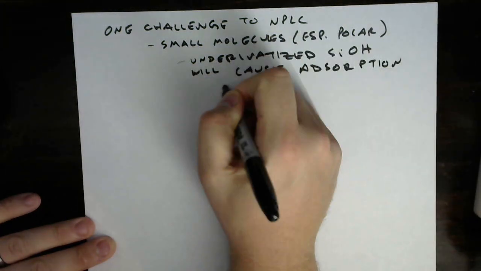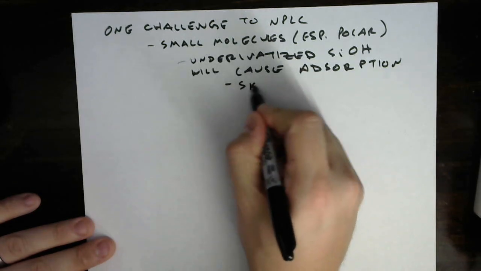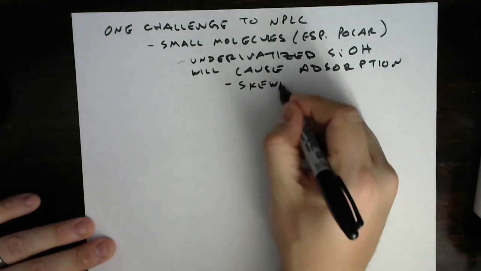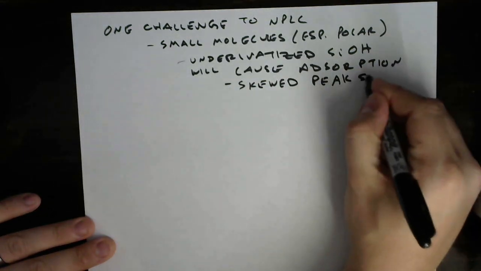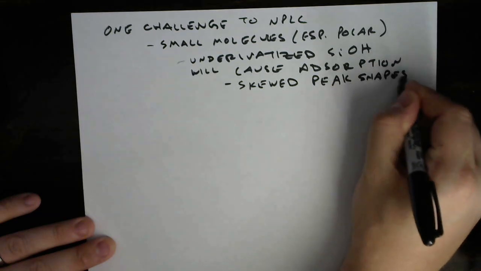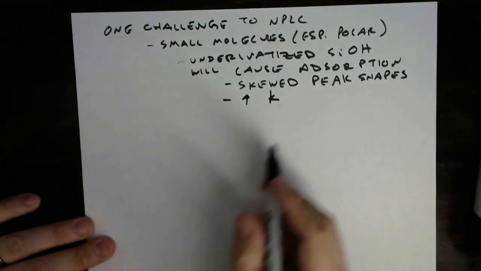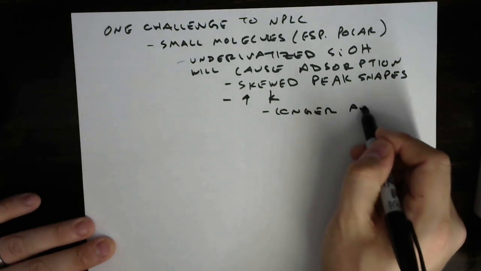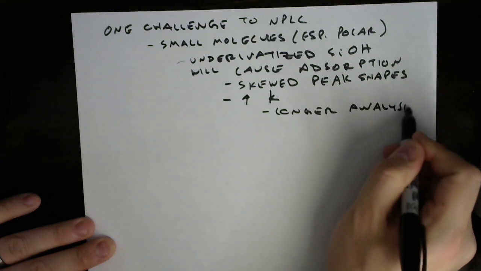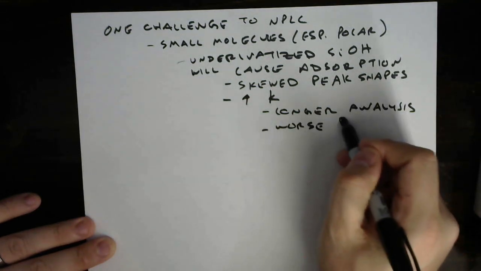That's going to give skewed or asymmetrical peak shapes, and overall it's going to drive up k values, which means longer analysis, potentially with worse performance.